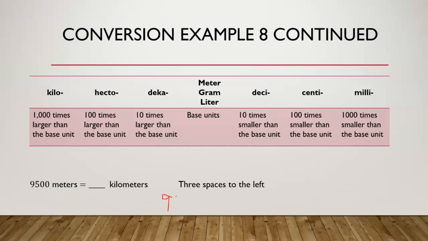So we have, this is our number, okay? So we want to move the decimal point, which is after the last 0 here, 3 spaces to the left. So we go 1, 2, 3. So we're going to get 9.500, which is 9.5, and that's what we get.